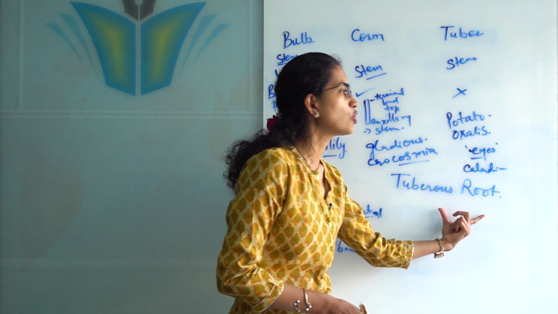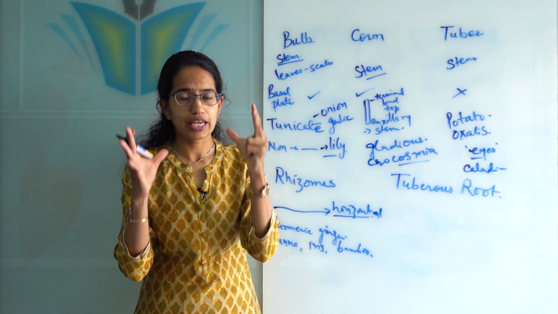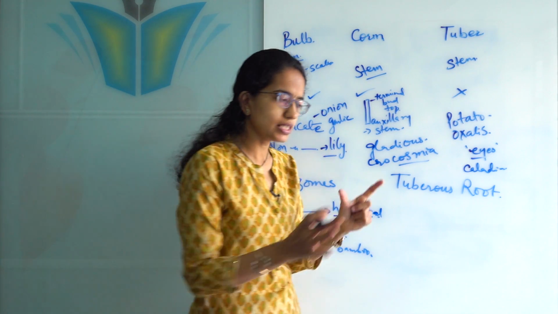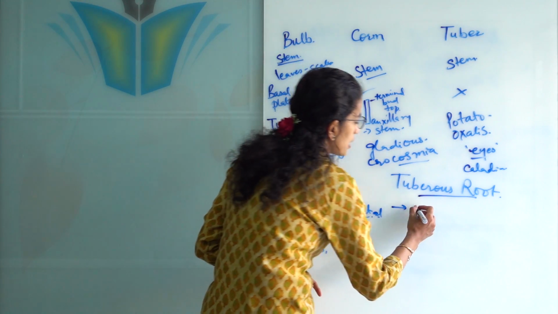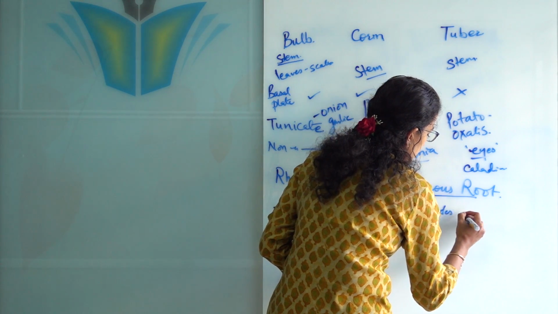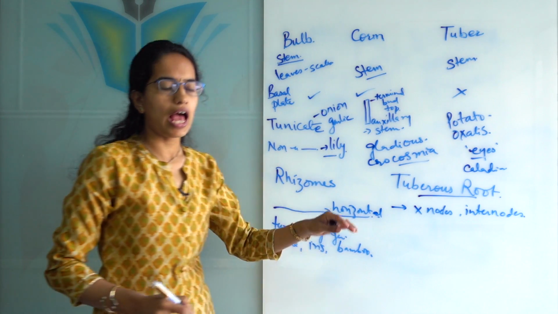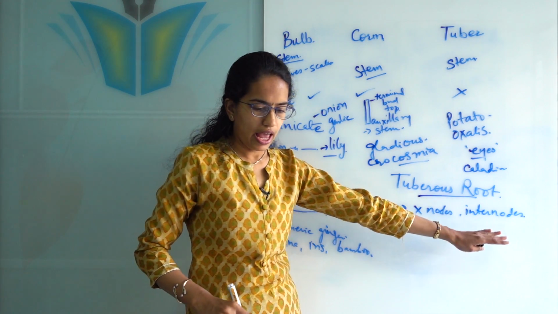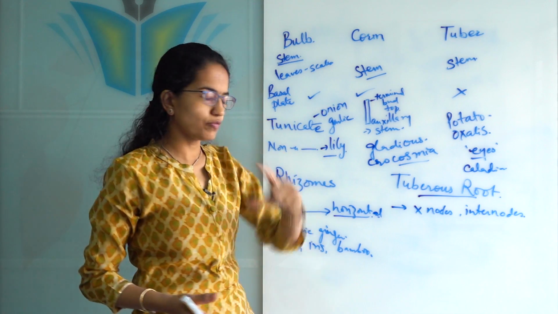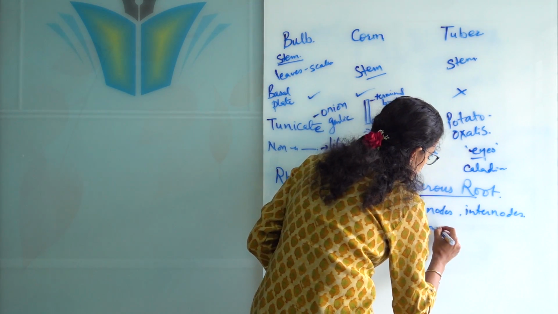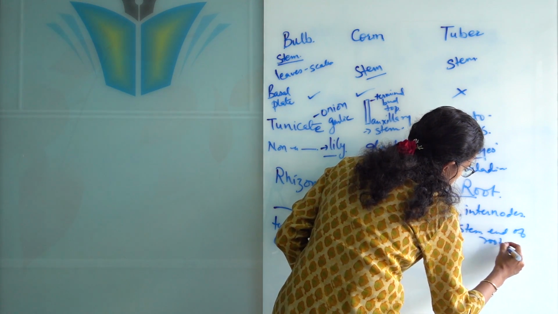The next is tuberous roots. Tuberous roots are enlarged and fleshy, and the main purpose is storage. But what is the key thing with tuberous roots? There are no nodes or internodes present. So tuberous roots lack nodes and internodes. They have buds either at the crown or at the stem end of the root.